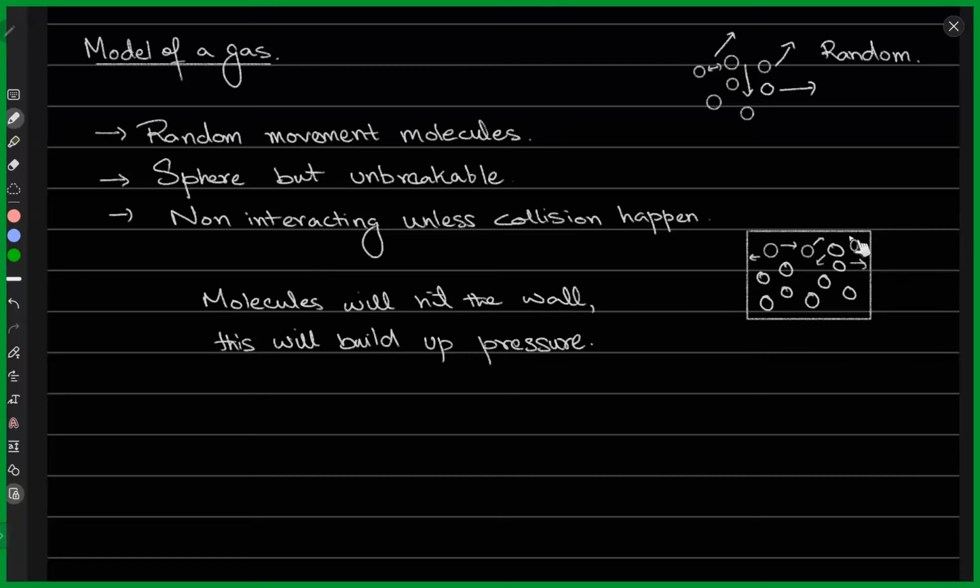Because of their random movements, they're going to move here and there, everywhere, and that's the reason they will be hitting the walls of the container. This is just a two-dimensional drawing, so that's why we have 4 walls, and it's a square or a rectangle. Given long enough time, all of these molecules will hit all of these walls of the container. And because of that striking, there will be some pressure built up inside the container.